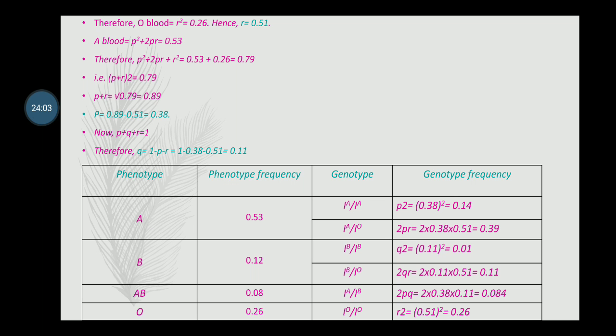Now IA-IO is 2PR, therefore 2 into P into R, multiply the values, that gives the heterozygous A blood group genotype frequency. Similarly, the heterozygous B, AB and O blood group frequencies can be calculated, as we know the values of P, Q and R. So in this way, in a population, we can calculate the frequencies of multiple alleles as well as their genotypic frequencies.